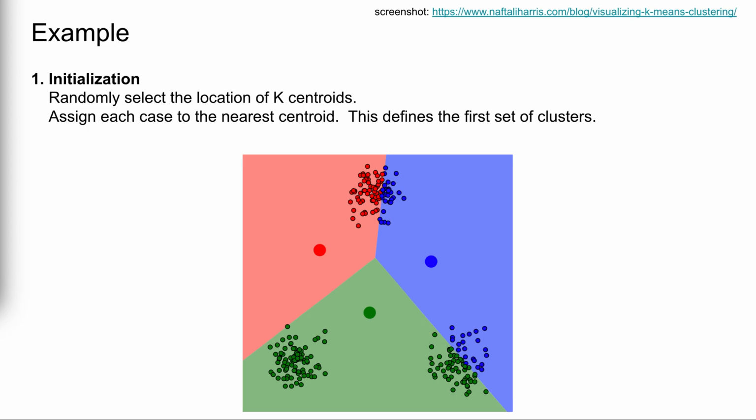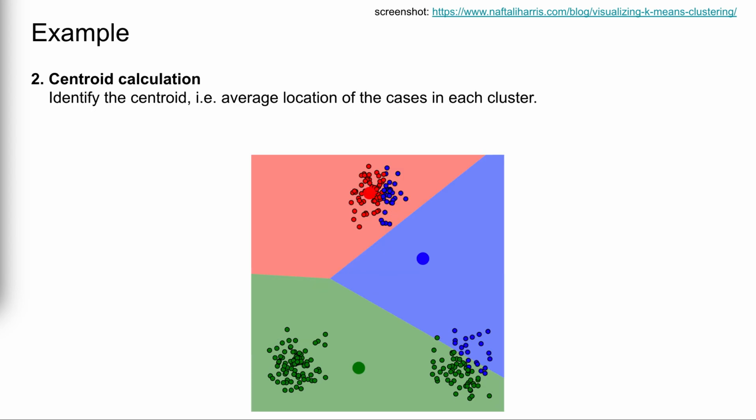For example, the blue cluster is spread out across 2 different locations. But we're not done. In step 2 of the algorithm, we update or calculate new centroids. For example, we check out the red data points that were part of the red cluster and calculate their centroid.